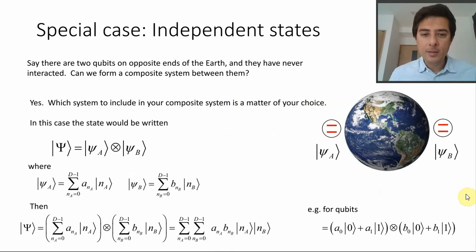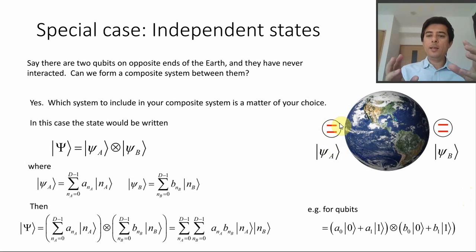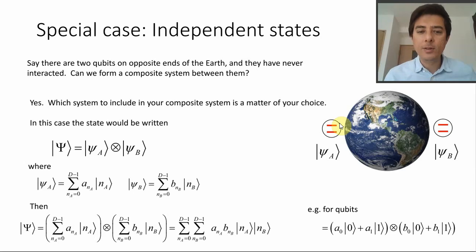And we'll come back to this example a bit later in this lecture, but first let me tell you a little bit more about particular special classes of quantum states. You might say, okay, we can make a composite system by putting together two systems. I've told you the rules of how to do that.